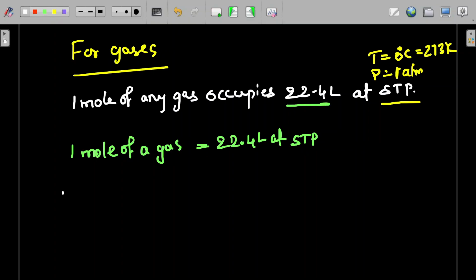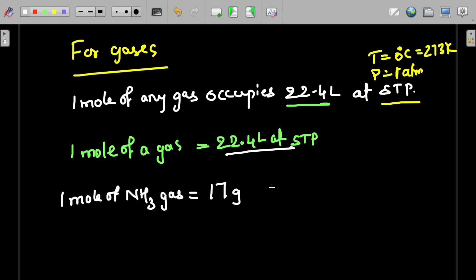Now I will take 1 mole of NH3 gas. Previously we have seen how to find its mass: whatever the molecular mass is, express it in grams. So it will be 17 grams. And how much volume will it occupy? 22.4 liter at STP.